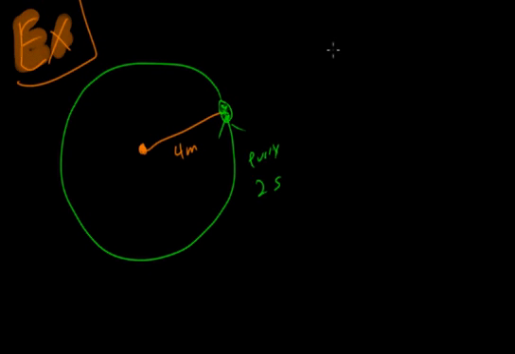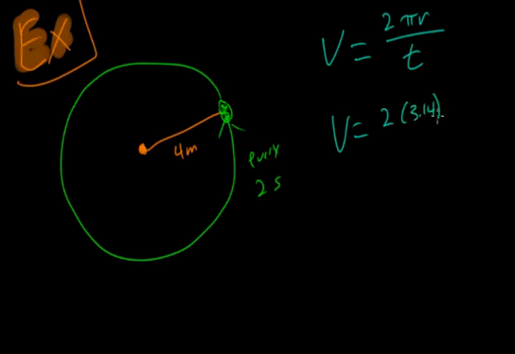We want to know the velocity. Well, this is easy, right? Because we just said the velocity is 2 pi r over t. So we just simply plug in 2 times 3.14 times 4 over 2.